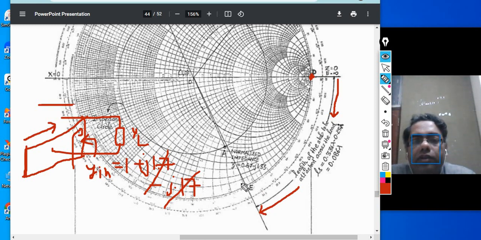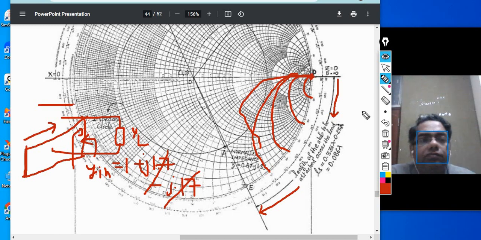These are the constant susceptance circles, they have got some values, so we will stop at this point.